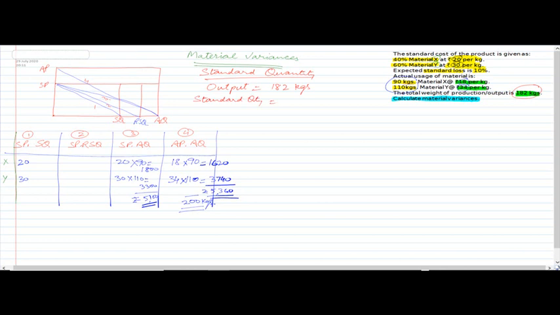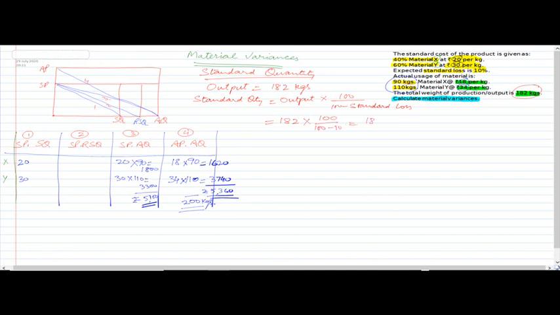Standard quantity can be calculated from the output. It is to be calculated as output into 100 divided by 100 minus standard loss. Output is 182 kgs into 100 divided by 100 minus 10.